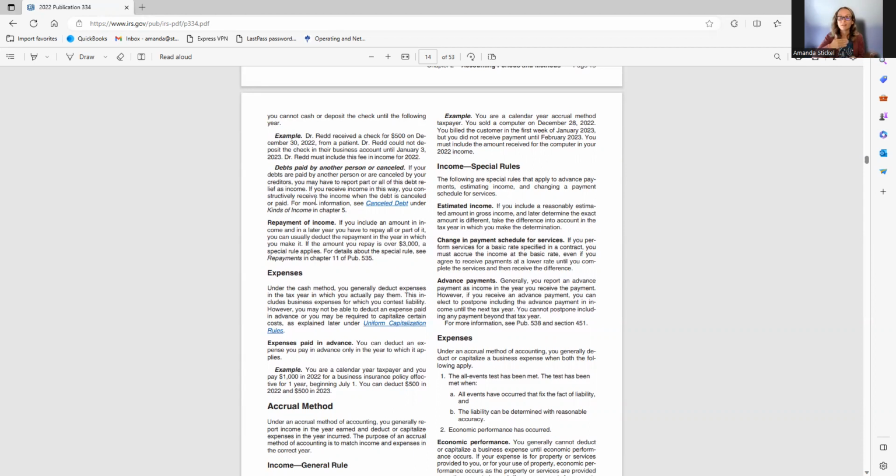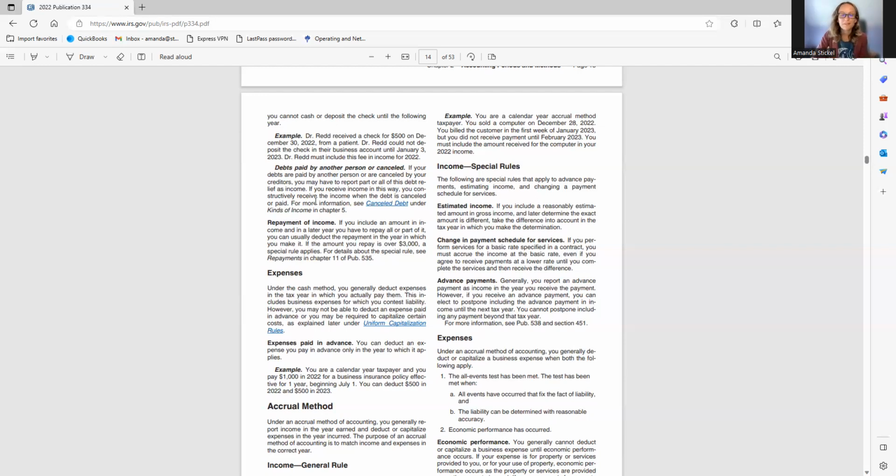The time that service is completed or the product is transferred over to that other client, that is when the income is going to be reported. It's not when you actually receive it, and it's not when you decide to invoice them. It's when that transfer of ownership happens. So hopefully that makes more sense.